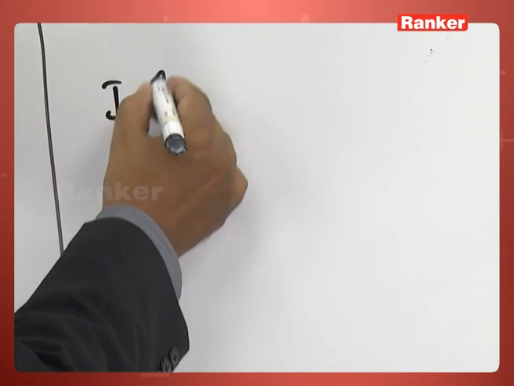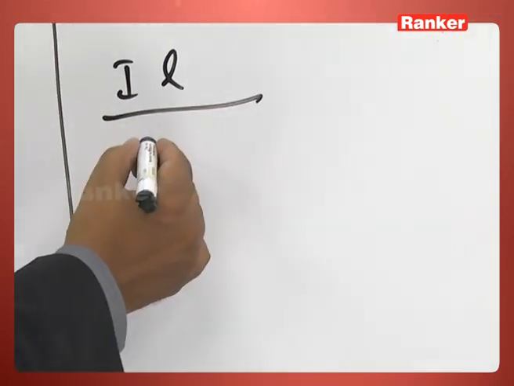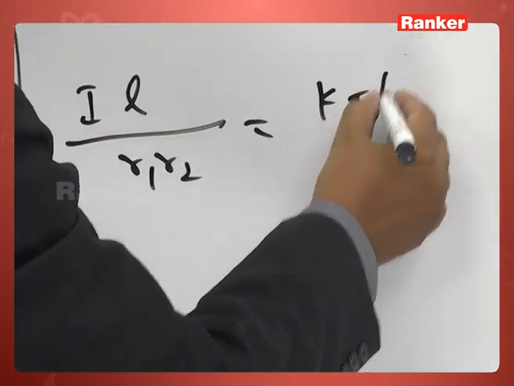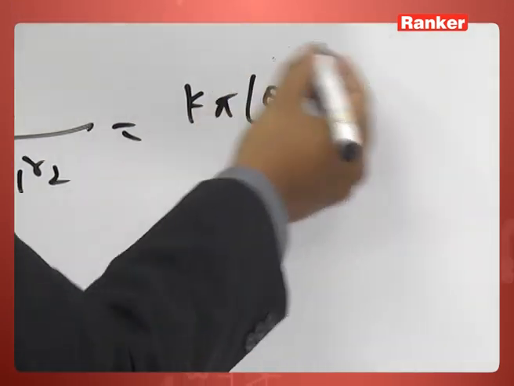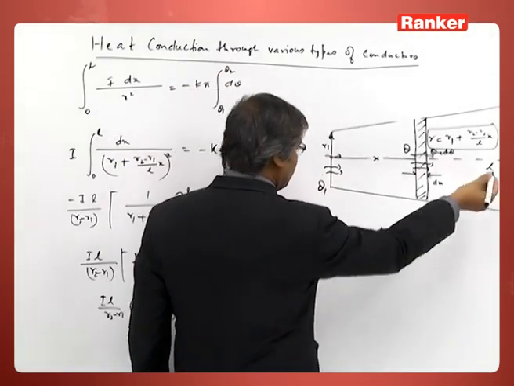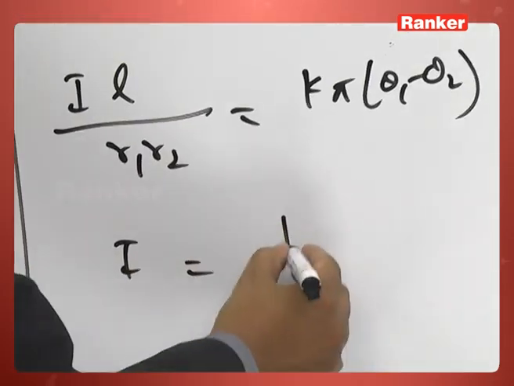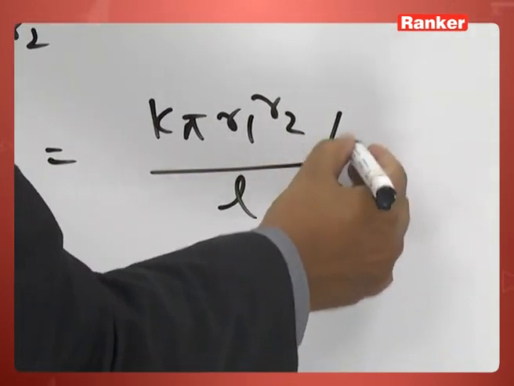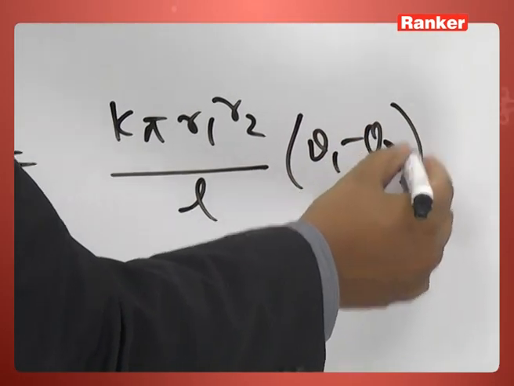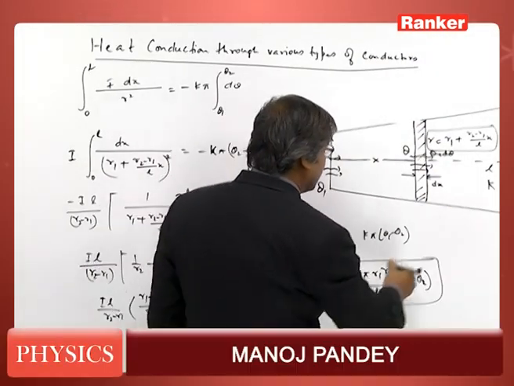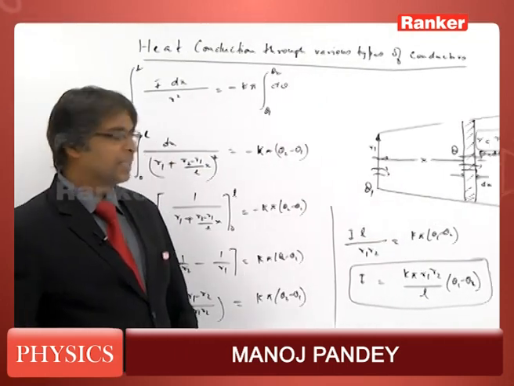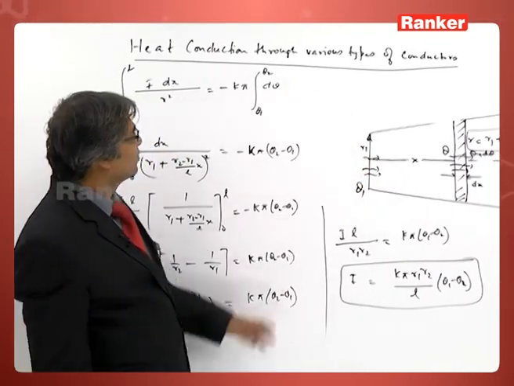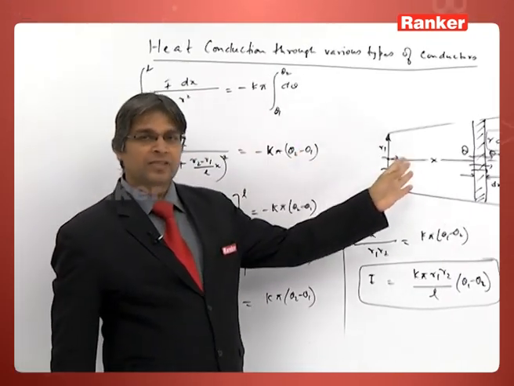So, I have I L by R1 R2, I will put this minus here, that is k pi (theta 1 minus theta 2). Now, this becomes positive because heat flows from higher temperature to lower. So, I will be k pi R1 R2 by L into (theta 1 minus theta 2). Thus, this is the rate at which heat is transferred through this truncated, non-uniform, uniformly varying cross sectional cylinder.